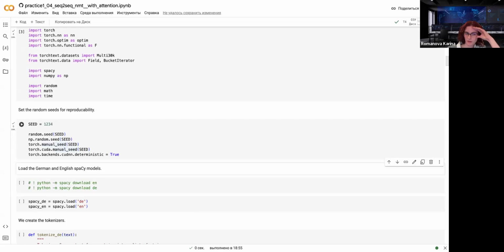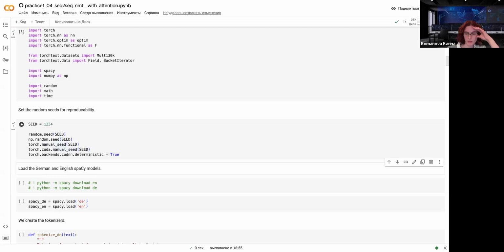Why are we setting a random seed? Okay, so we set a seed value for random number generators to ensure that our results are reproducible.